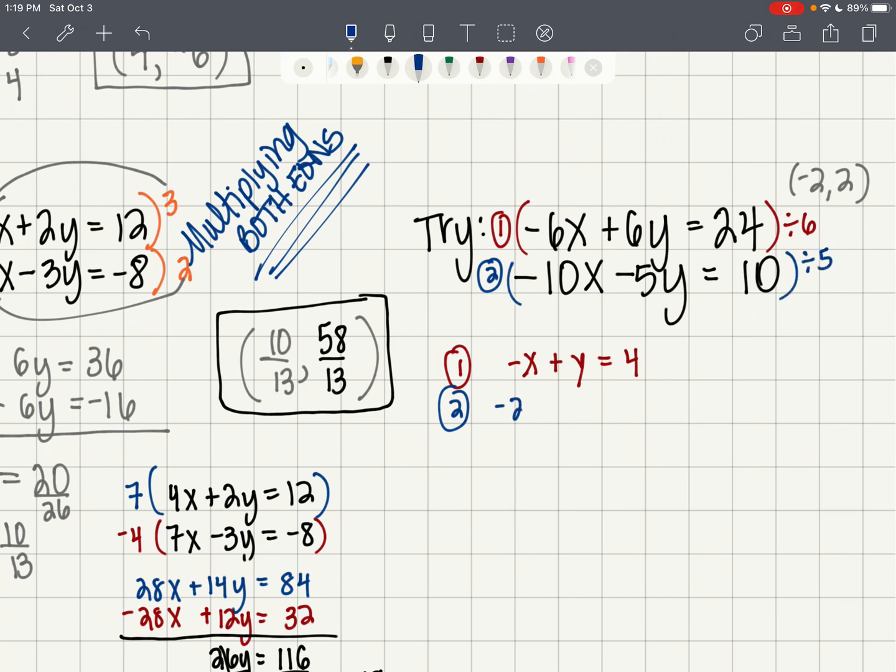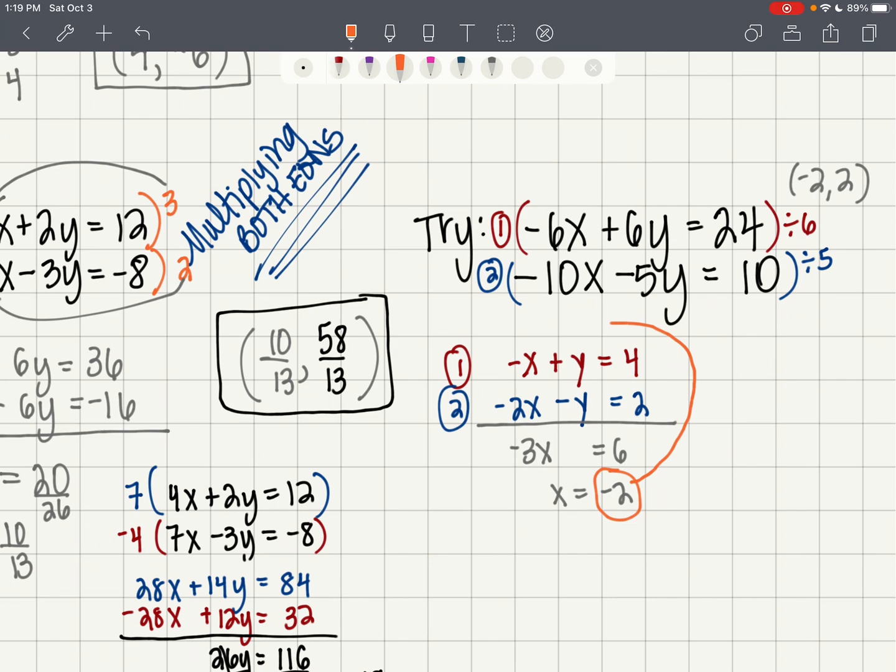So that gave me negative 2x minus y equals 2. And now I naturally had additive inverses. Negative 3x equals 6, x equals negative 2. I feel really confident that I divided properly.